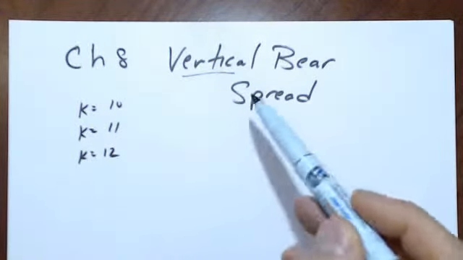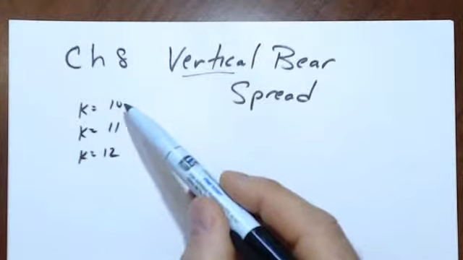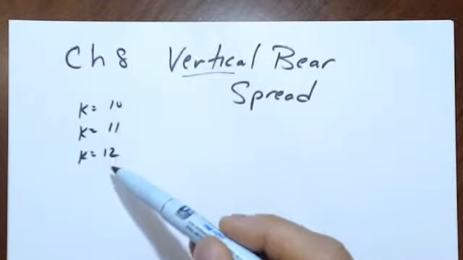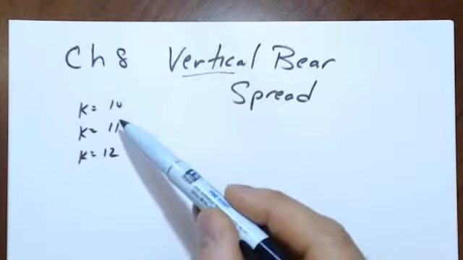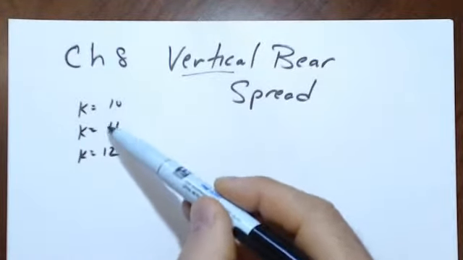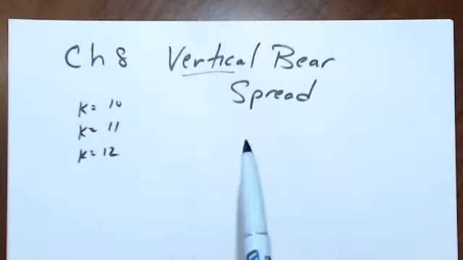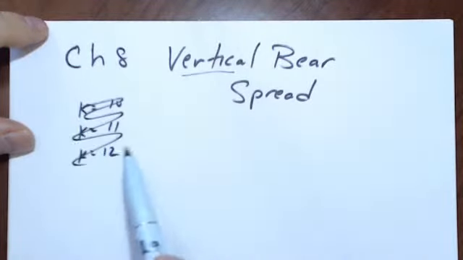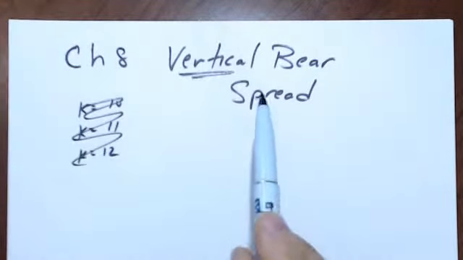What we're going to be doing with a vertical bear spread is looking at two different options. In this case, we're going to be using put options, where vertically you're going up and down with different strikes. So that's what vertical means, two different strikes.